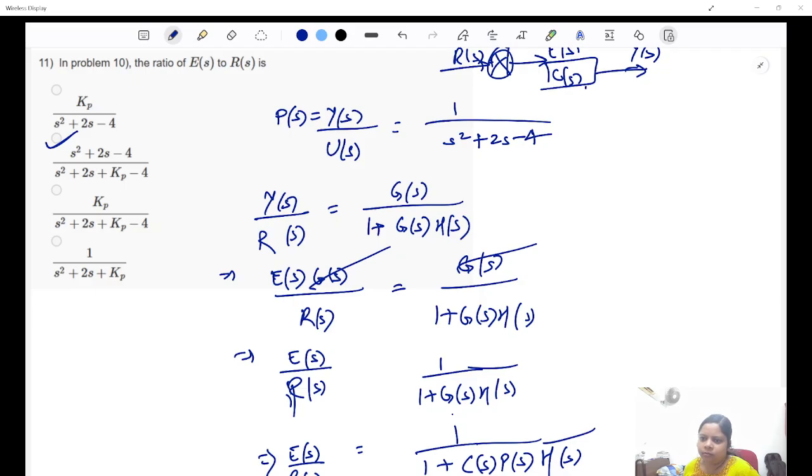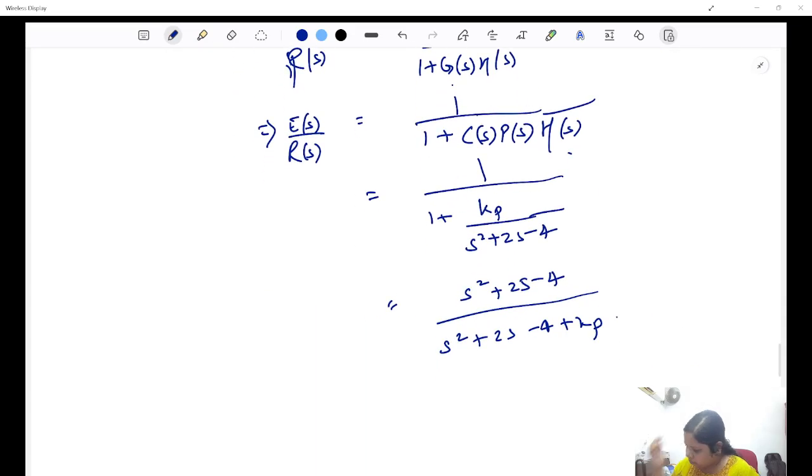Ma'am, I think it is the third one. Are you saying option C? Yes, ma'am. Why C? See here, when we solve this, we'll get S square plus 2S minus 4 in the numerator.